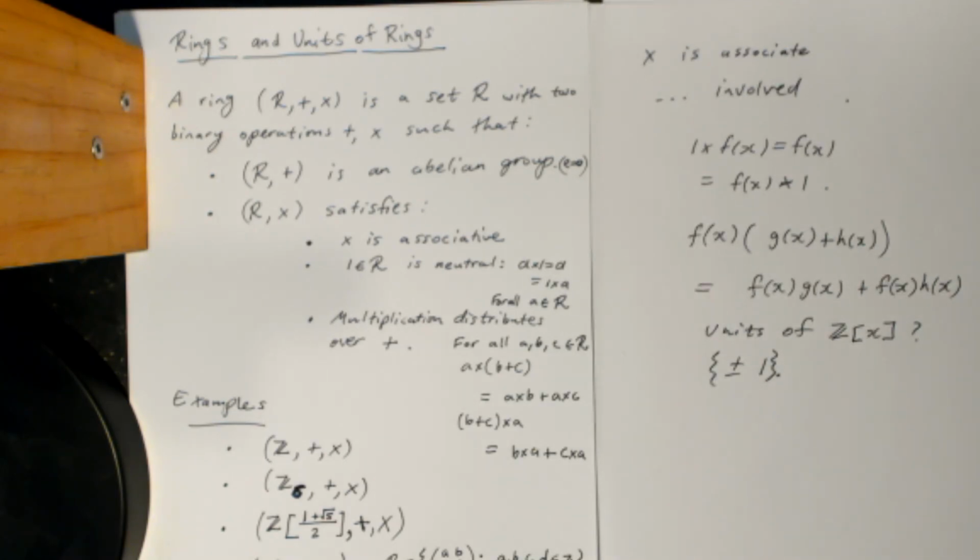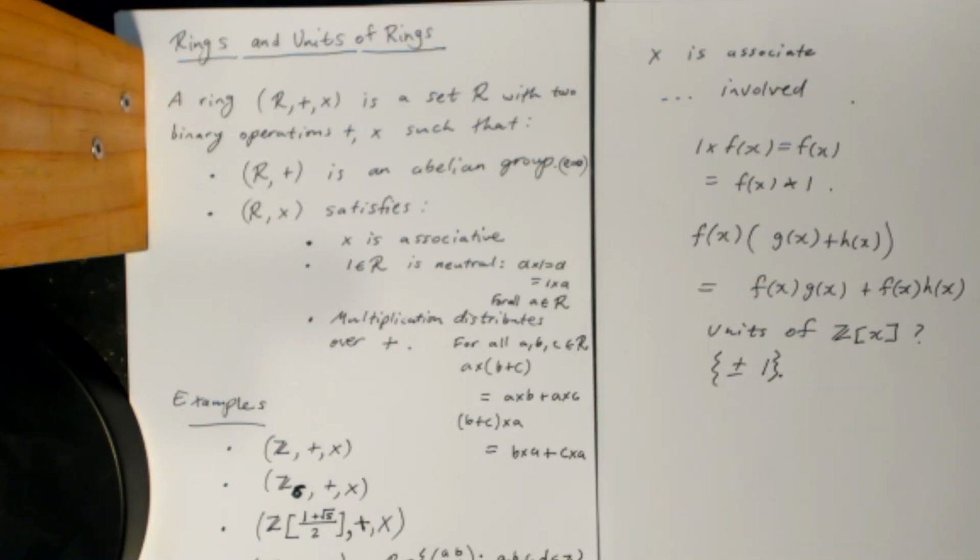Because the product of two polynomials will be another polynomial, and given that both f and g would have x's in them, the result will have x's in them, and there's no way to get rid of those. We don't have any nice property like we had with the omega in the last example. So the units in this case are just plus or minus 1.